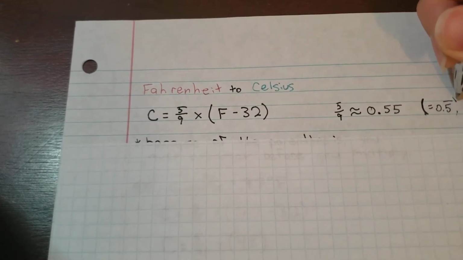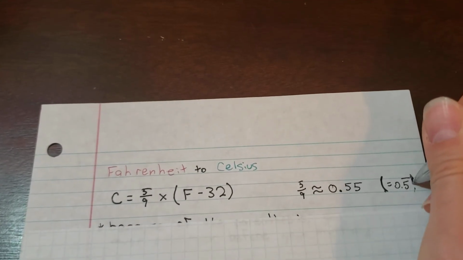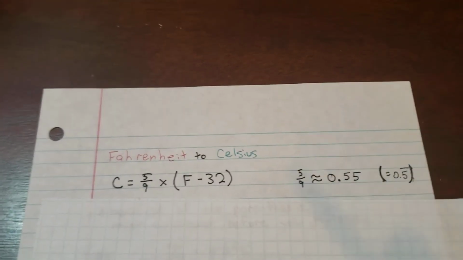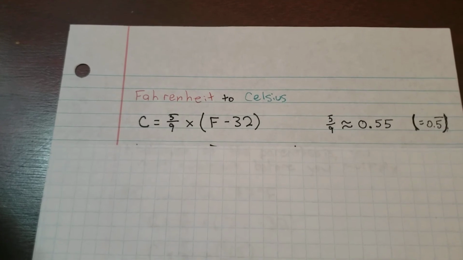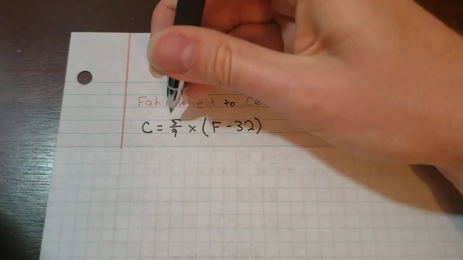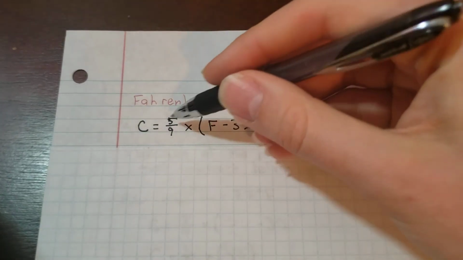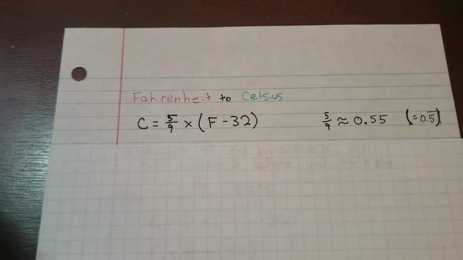But for our purposes, you guys could just multiply it by 0.55. Again, if you want to use the decimal instead of the fraction, by all means go ahead. In this work, I'm using this instead.